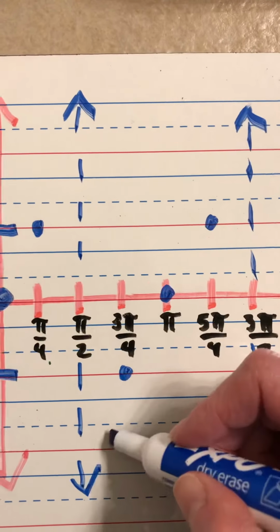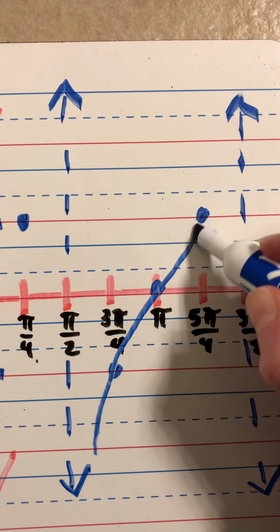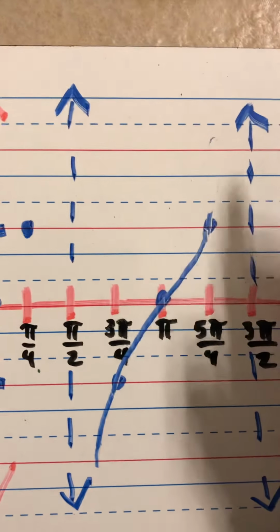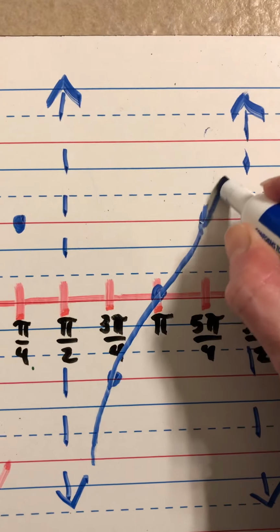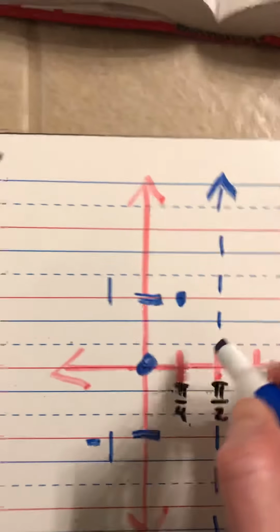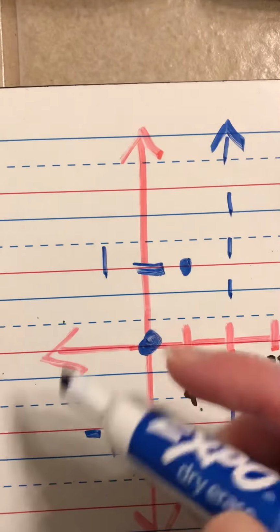So what this is going to look like is something like this. And it's going to go up, and it's going to get close to the vertical asymptote, but never touch it.